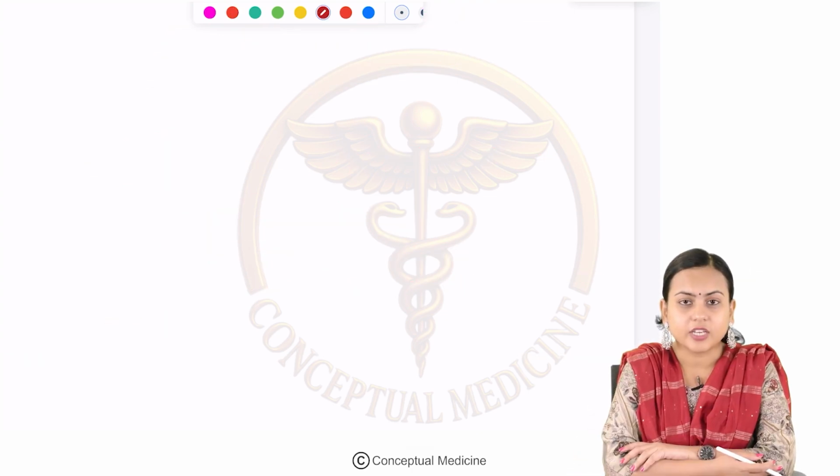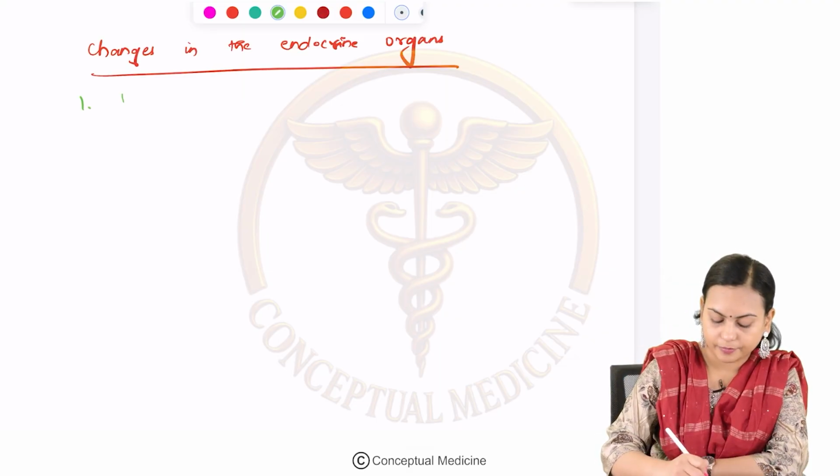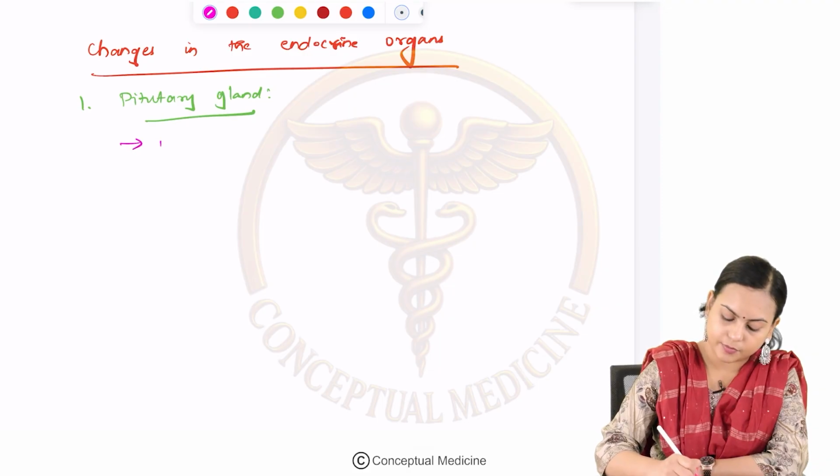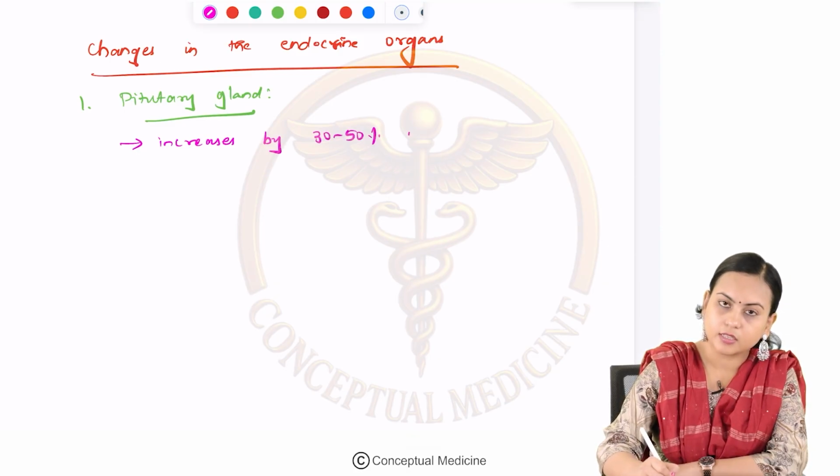Now we will see the changes in the endocrine organs happening in the mother. Number 1, we will see the changes in the pituitary gland. Okay. The pituitary gland increases by 30 to 50% in weight.